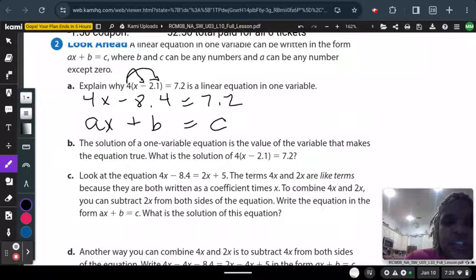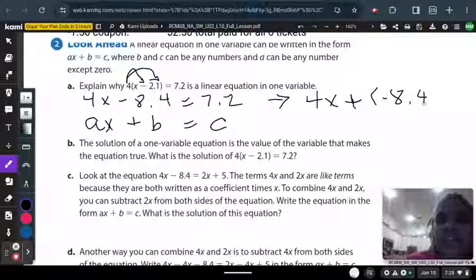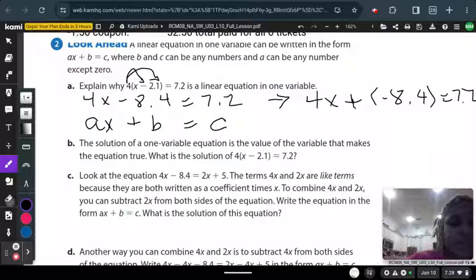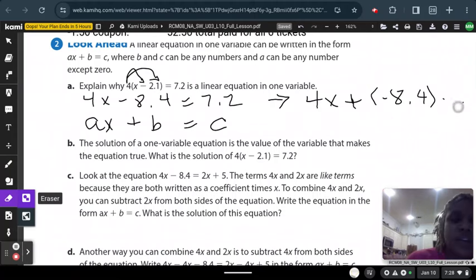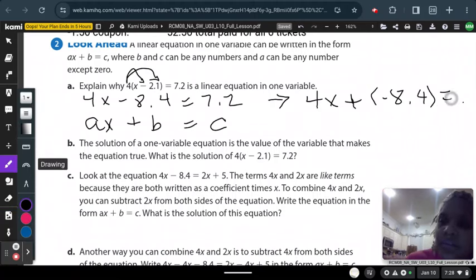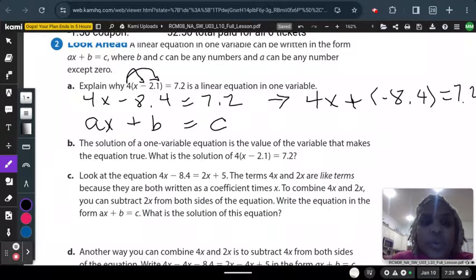Now, even though it says plus b, remember when you have a minus sign in front of a positive number, that still can be written as 4x plus a negative 8 4/10 equals 7.2. All right, so if you can write it in the form ax plus b equals c, then you have a linear equation.